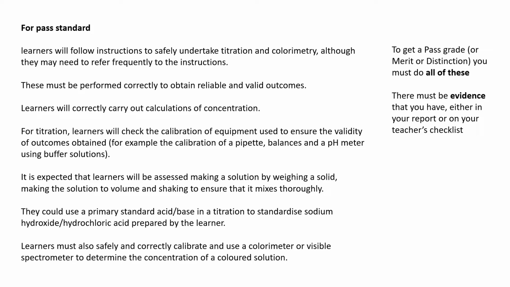There must be evidence. Notice I'm repeating myself. So evidence in your report, or for some of the practical things, the teacher will do like a checklist: yes, this student has done all of this accurately and safely. But there must be evidence that you have done all of these.